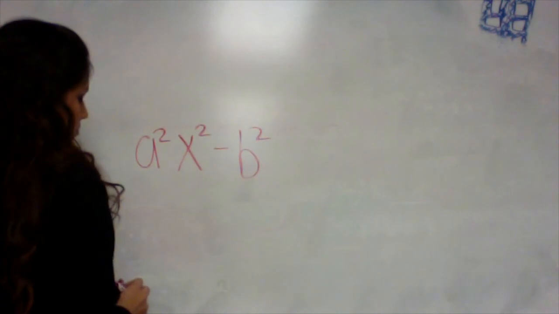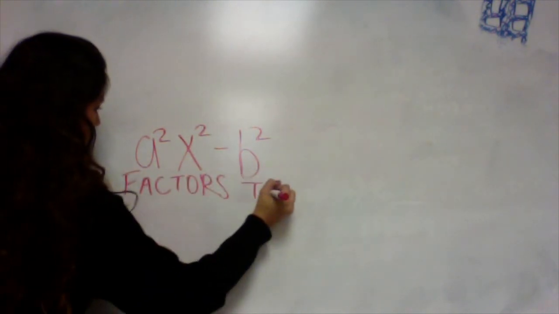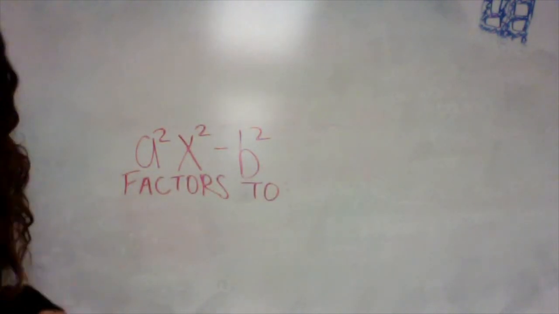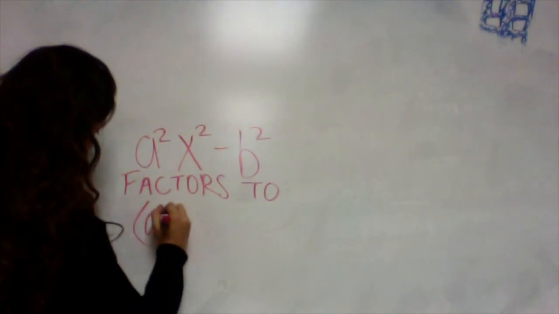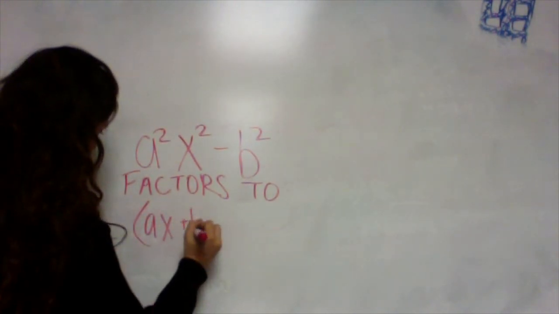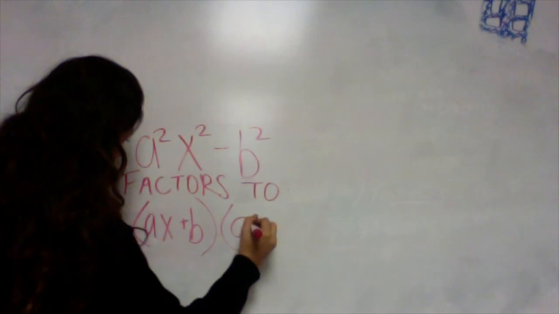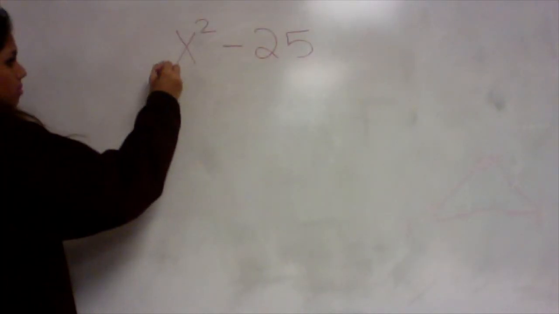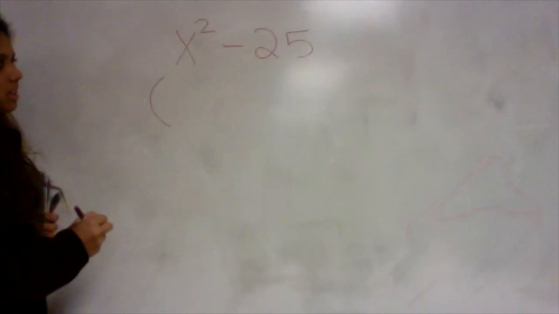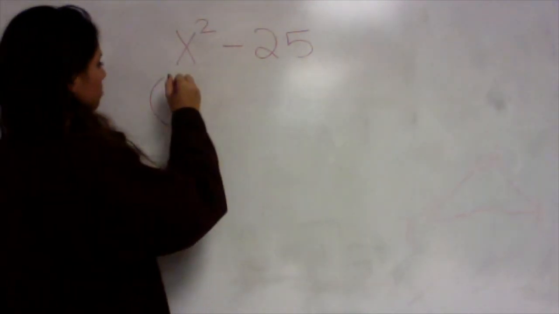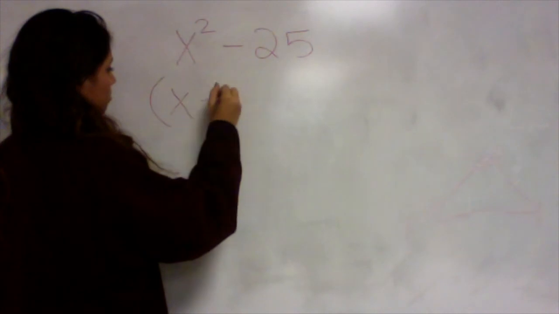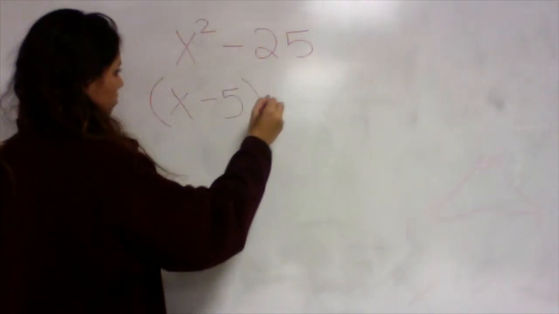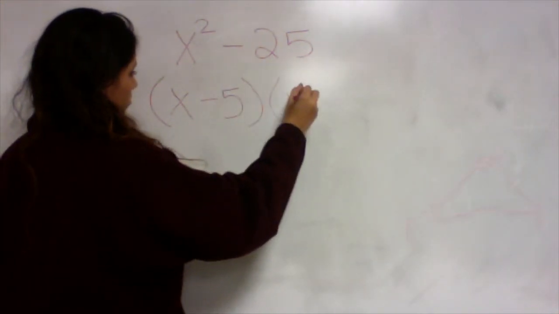A quadratic written in this form would factor out to be a perfect square. Otherwise, it factors to ax plus b and ax minus b. So x squared minus 25 factors to be x minus 5 and x plus 5.